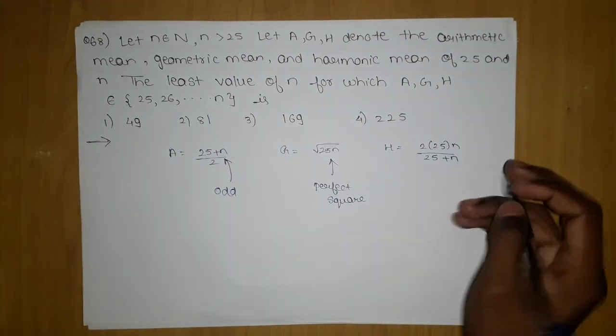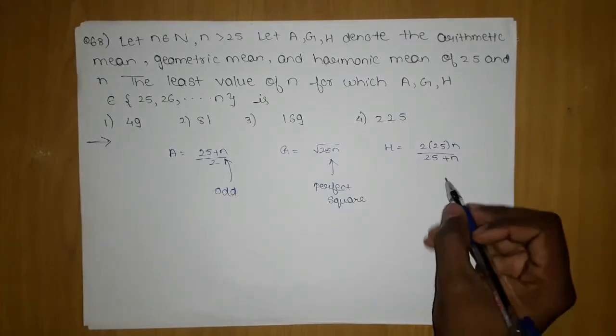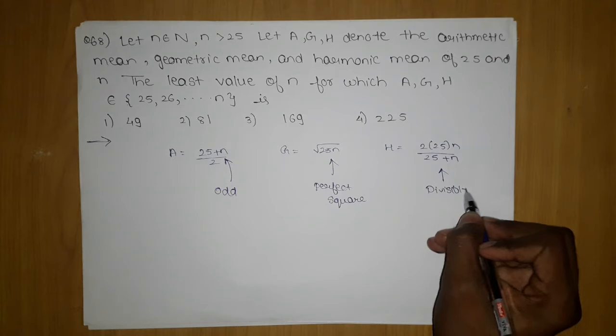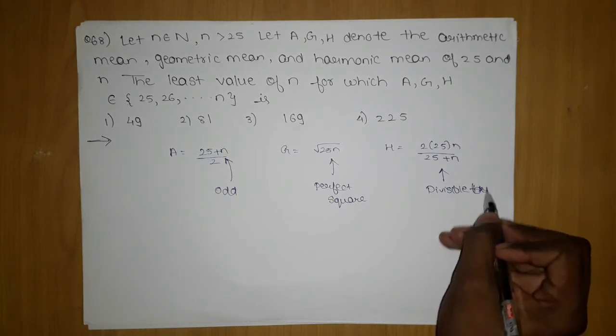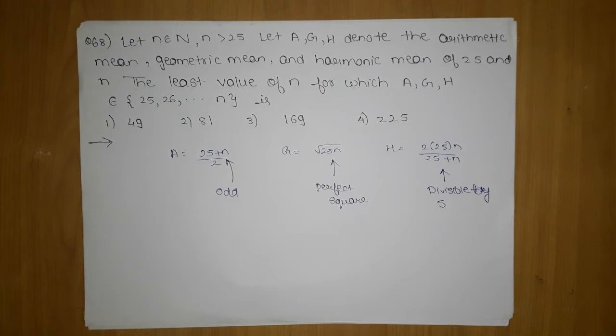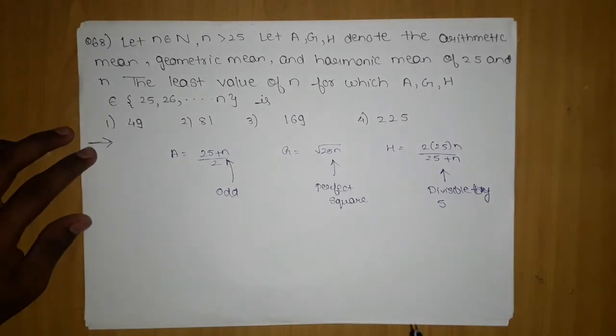Now for it to get cancelled out, it should be divisible by 5. This one is easy. So we got the three conditions for n: perfect square, odd number, divisible by 5.